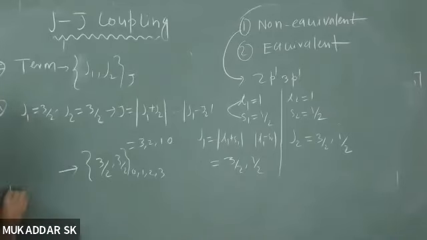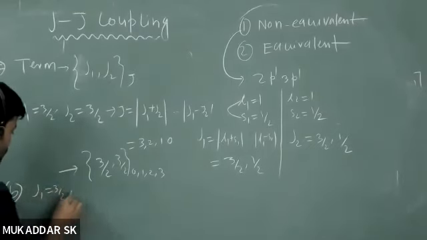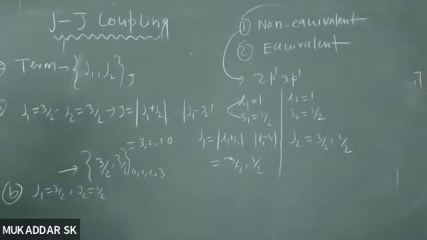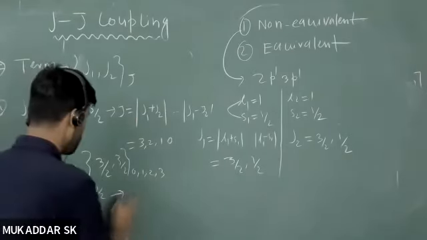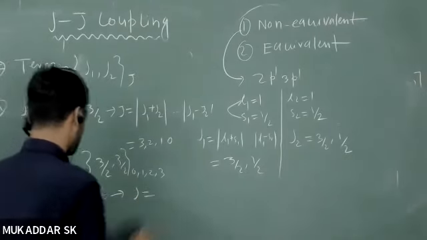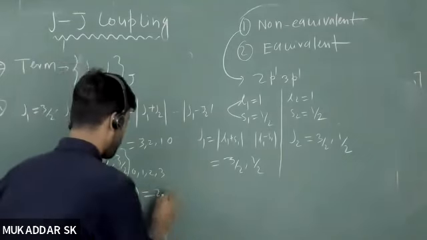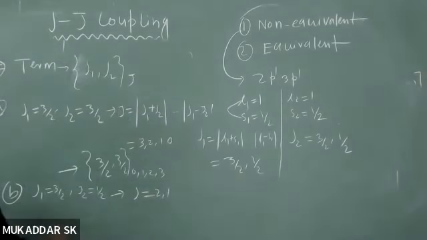Similarly, for the second combination, I'll take J1 equals 3/2 and J2 equals 1/2. Okay. So what will J be now? 2 and 1, right? Yes, 2 and 1, because J1 plus J2 is 3/2 plus 1/2, 4/2, that will provide you 2.